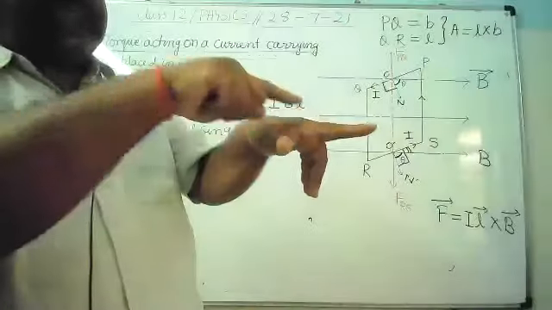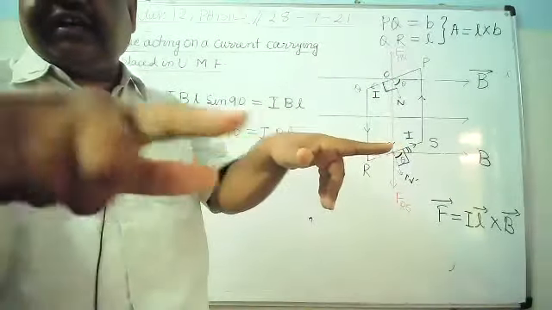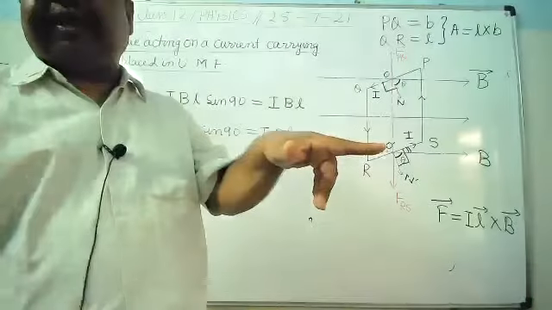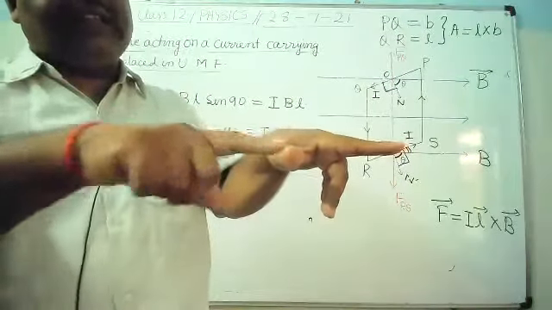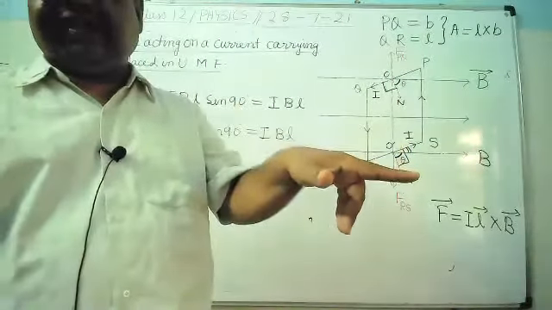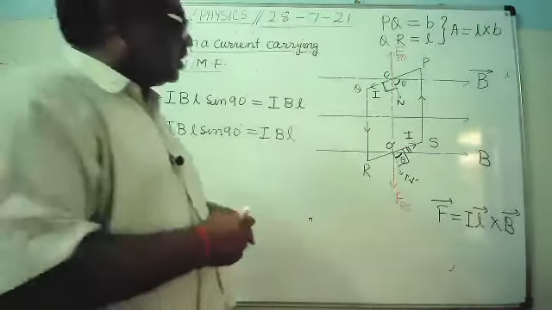I is in the downward direction. B is in this direction. Here force is acting normal to the plane of coil, in this direction. It's clear? Normal to this plane, and it is in outward direction.